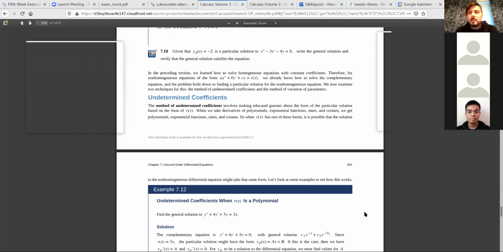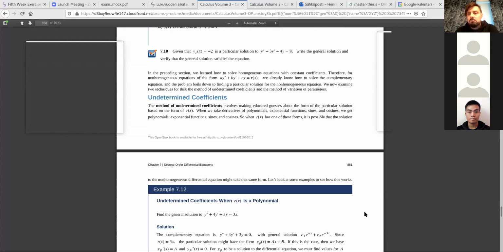It is rigorous, but there is no clear solution. So that's why many people don't like differential equations, because they use a lot of what people call tricks.